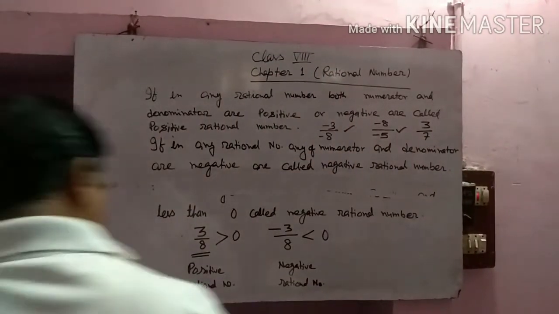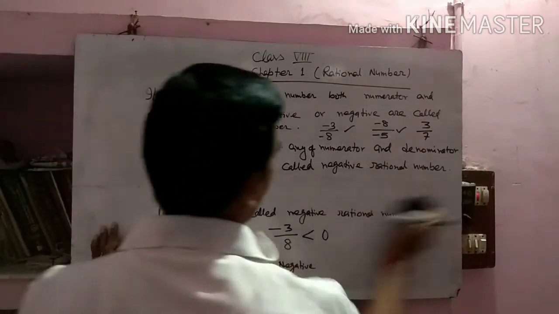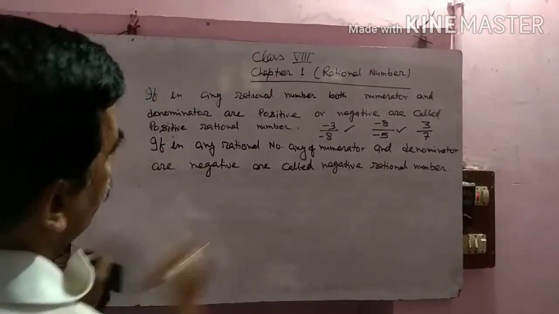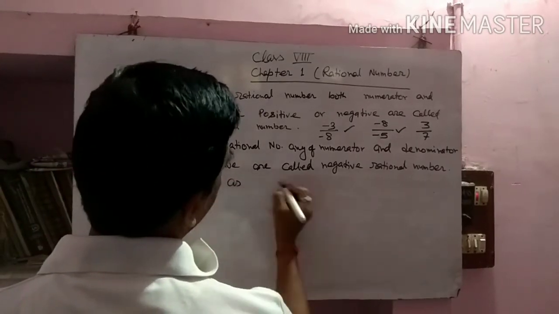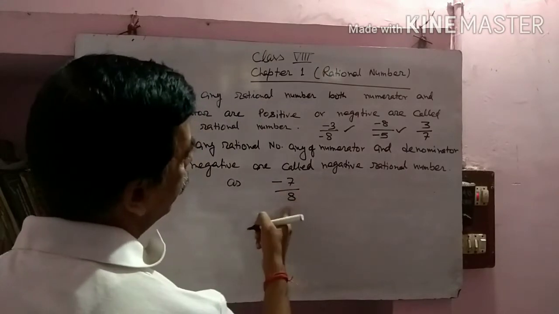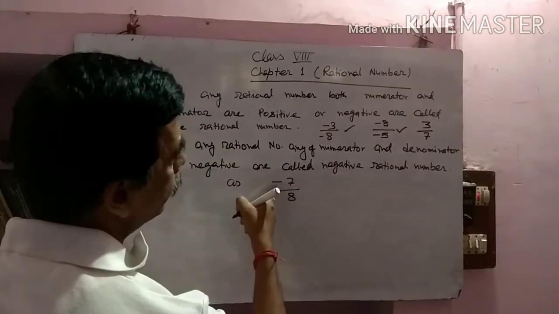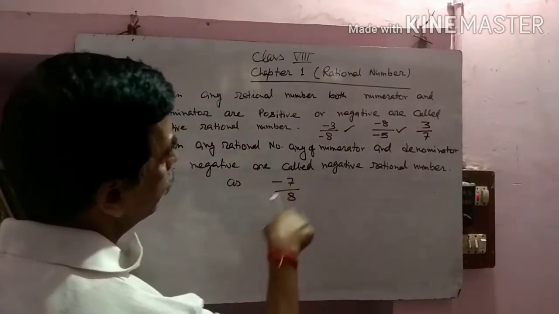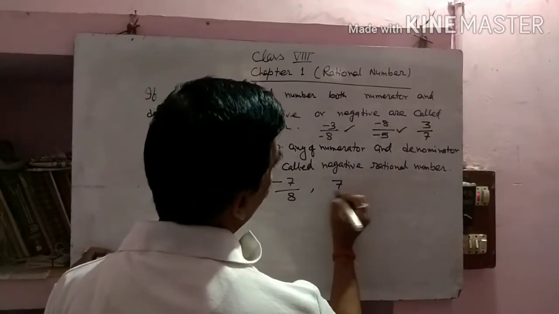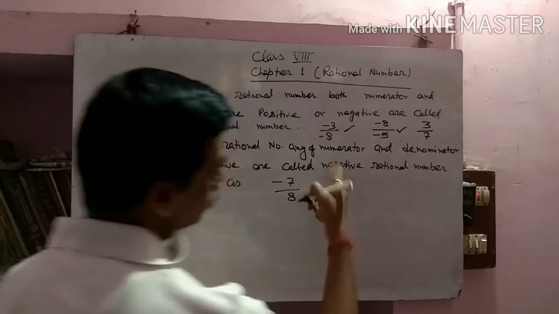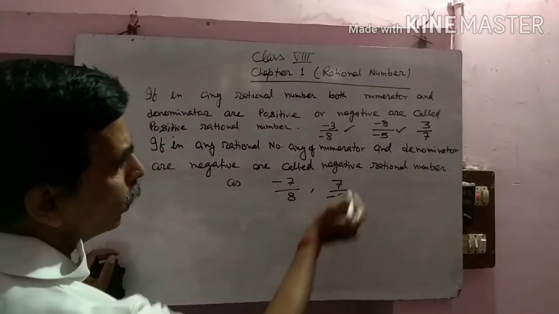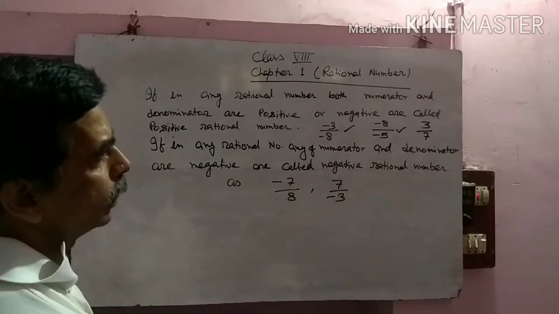Okay, as suppose we write minus 7 by 8, then the numerator is negative, so the whole number is a negative rational number. Or suppose we write 7 by minus 3, this is also, the denominator is negative, so the whole number is also a negative rational number.